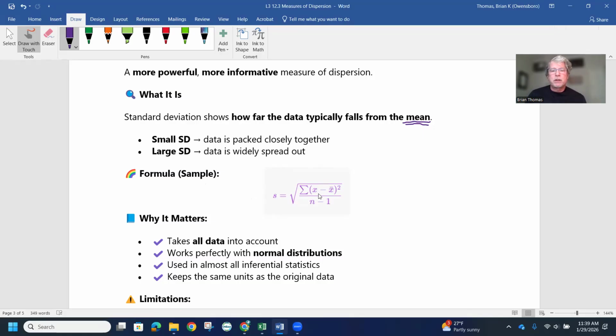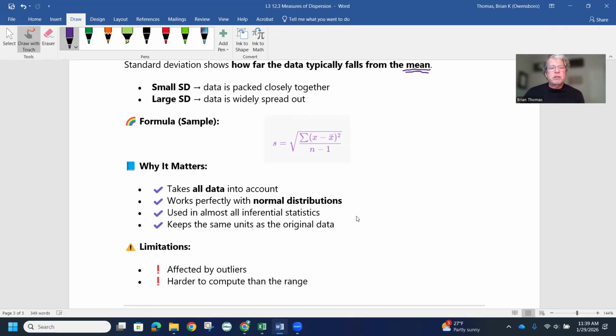And there's a lot of math here. There's subtraction, there's squaring, and there's summing. And there's division. A lot more involved formula. So yes, we could do this by hand, but technology will allow us to not have to do all that. Okay.